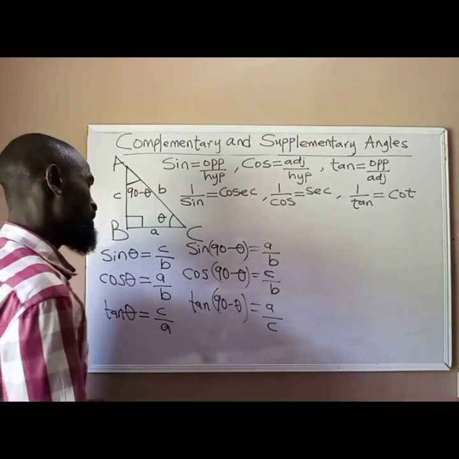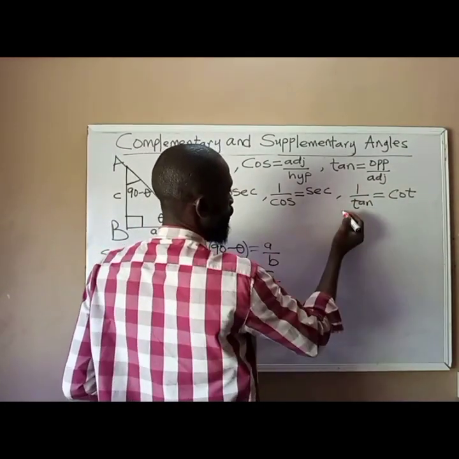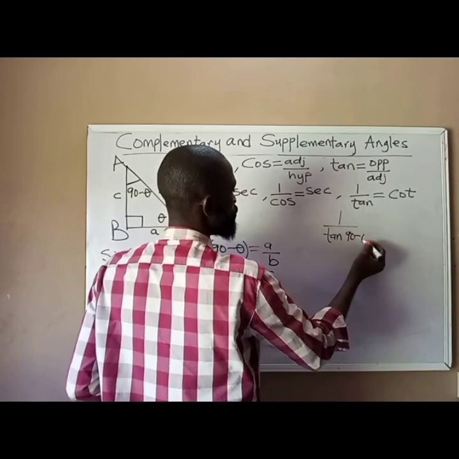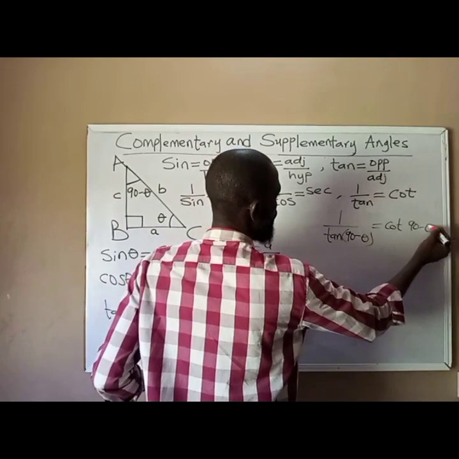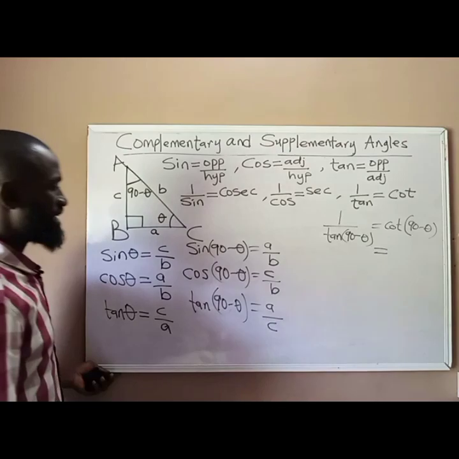Now, class, if we check 1 over tan, we have cot. What will be 1 over tan of 90 minus theta? This will be equal to cot of 90 minus theta.